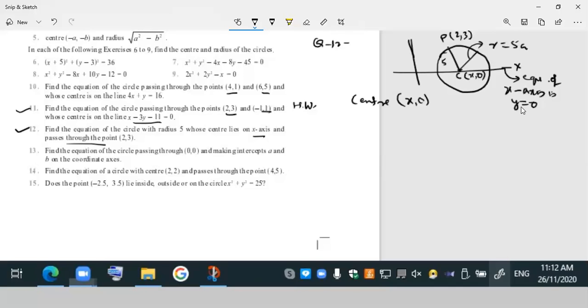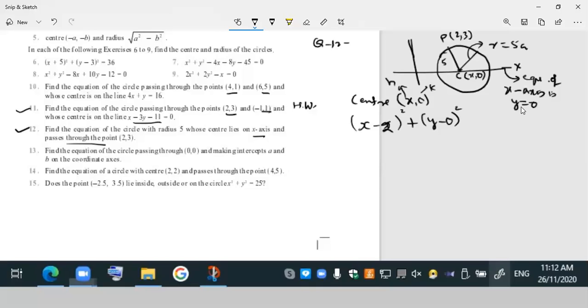So you can use that formula: x minus h, where h is the x of the center, and k is 0. So x minus x whole square plus y minus 0 whole square, x minus 2, sorry.